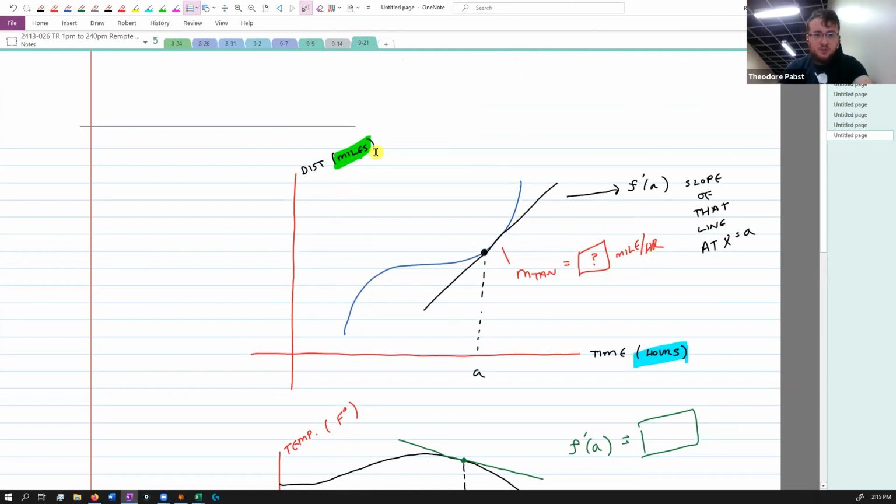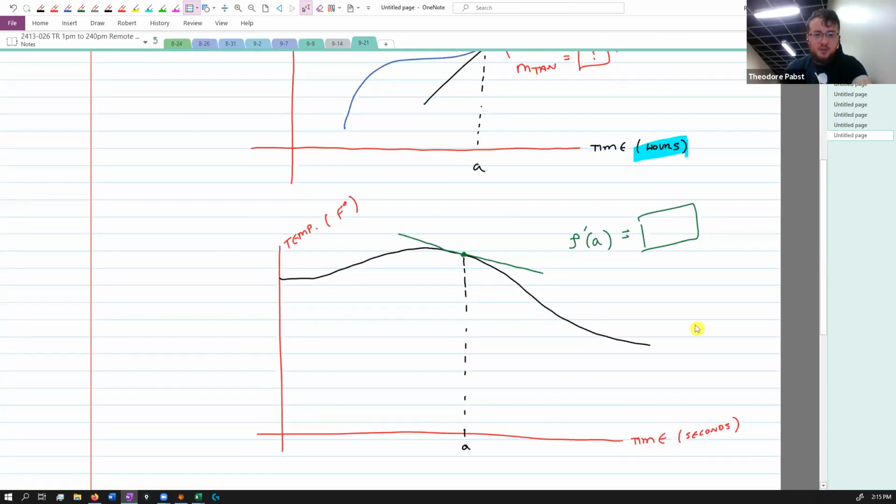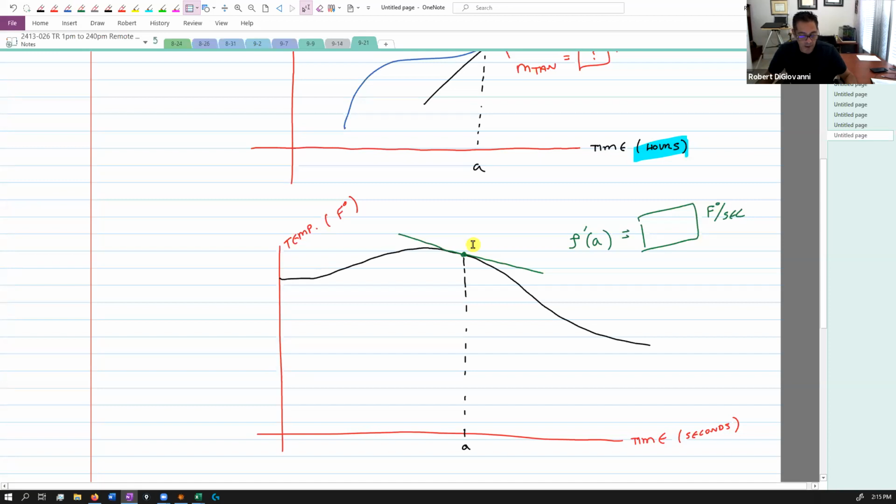This one would be degrees Fahrenheit per second. So let's say, for the sake of acting like we actually had this calculation, that the slope there was -1. What that would mean is at that instant in time, your temperature was dropping by 1 degree a second.